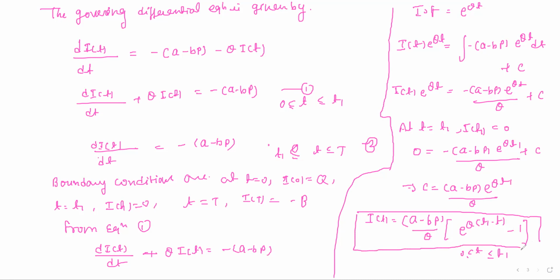Now using the first boundary condition, we can find the value of order quantity. So here we get I(t) equals (a minus bp) upon theta, e to the power theta (t1 minus t) minus 1.